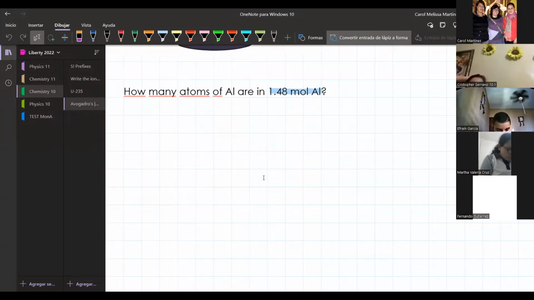So because the word atoms is included in the question, I'm also going to be using Avogadro's number, okay? So I'm going to start with my given. Well, first with the conversion factor. In 1 mole of aluminum, how many atoms am I going to have?